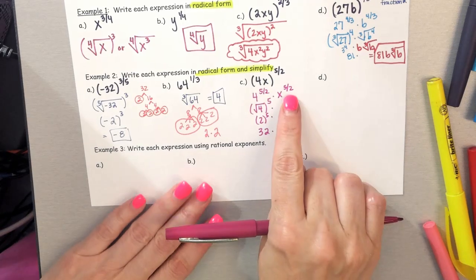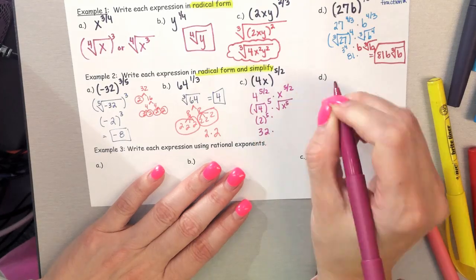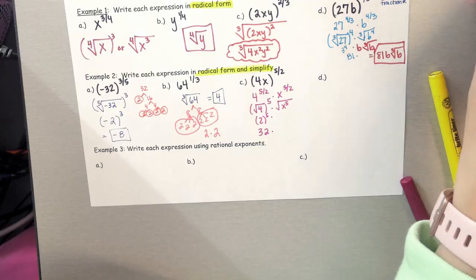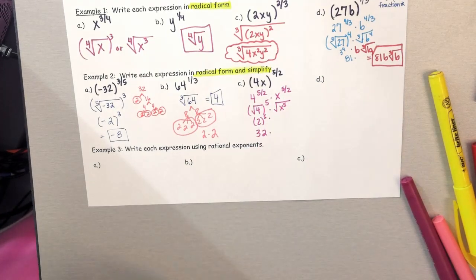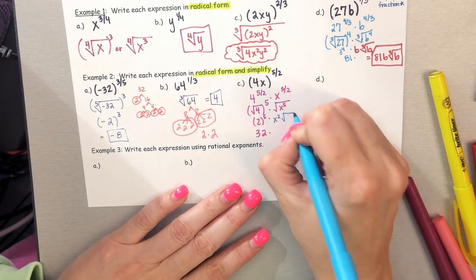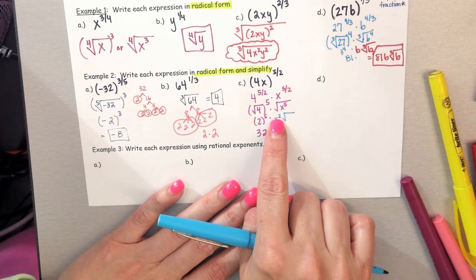Now for this one, again, the bottom's the root. So this is the square root of x to the 5th. So we're going to simplify just like we did here. You ask yourself, how many times does 2 go into 5? 2. So x squared comes out. If it goes in there twice, that's because 2 times 2 is 4.